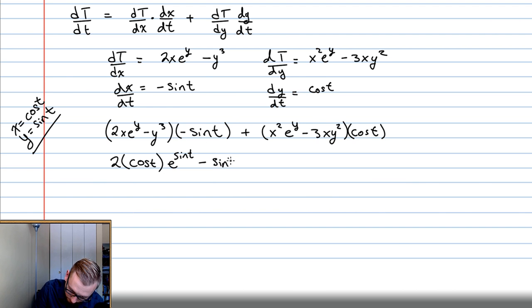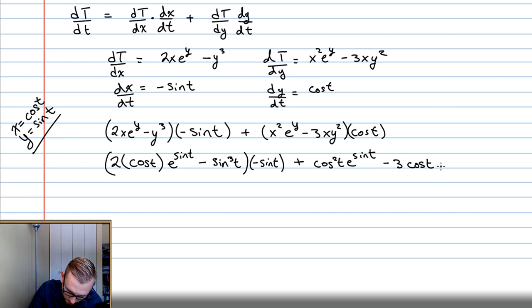So that's sine cubed t. This is all multiplied by minus sine t. Then we've got plus, x is cosine, so we got cosine squared t e to the sine t, and then minus 3, x is cosine t, and then y is sine squared t, and then this is all multiplied by cosine of t.